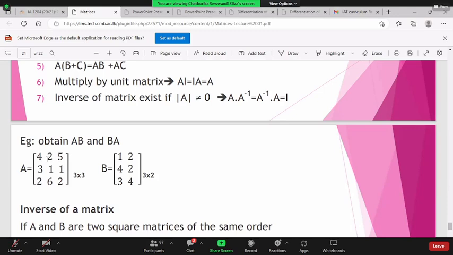Yes, sir. If so, then tell me the answer. So you have done matrix multiplication under basic mathematics. Am I correct? Yes, ma'am. Right. So then what is AB?